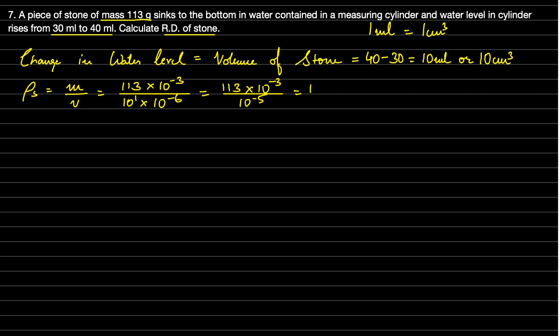So 113 into 10 to the power of minus 3 into 10 to the power of minus 5 comes to the numerator, becomes plus 5.